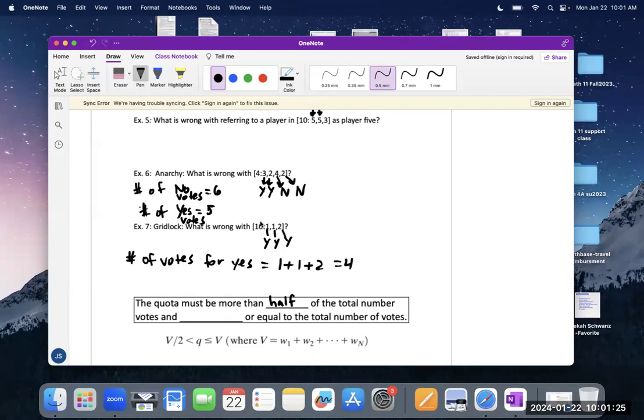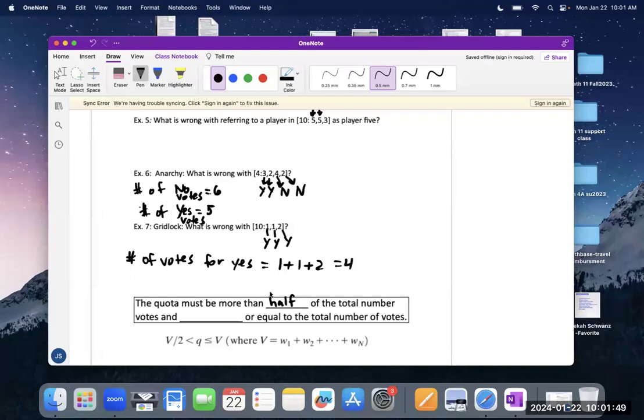So what's happening is this quota is way too high compared to the total amount of votes in this system. So nothing is ever going to be passed because the players together don't have enough voting points to meet the quota in any situation. So nothing is going to get done. So this is called a gridlock.